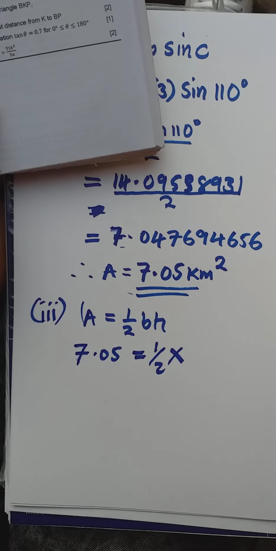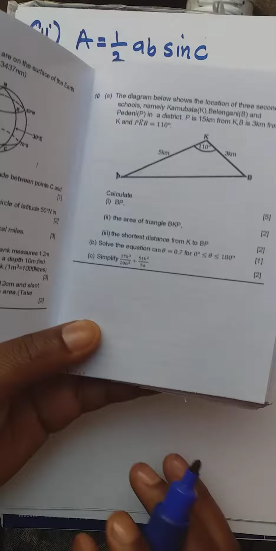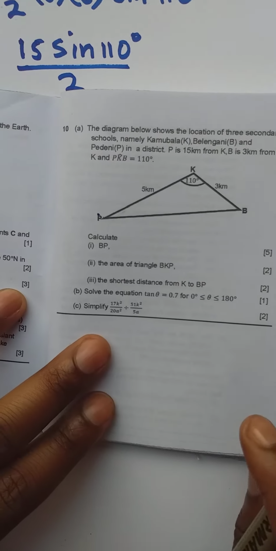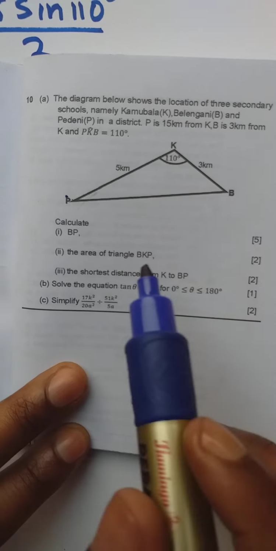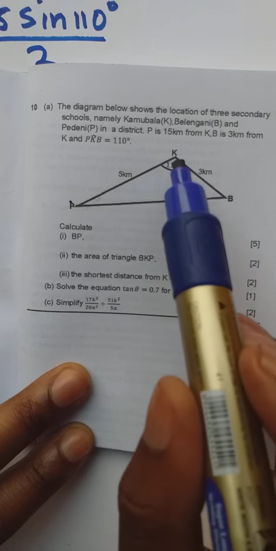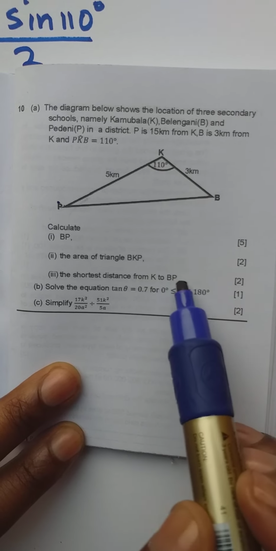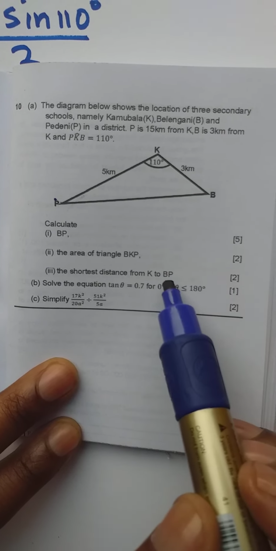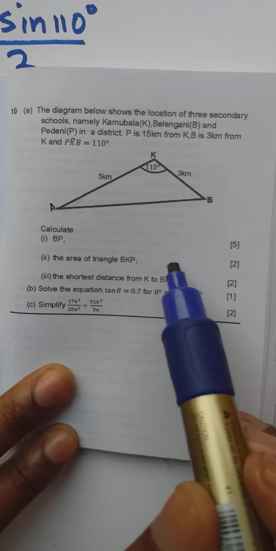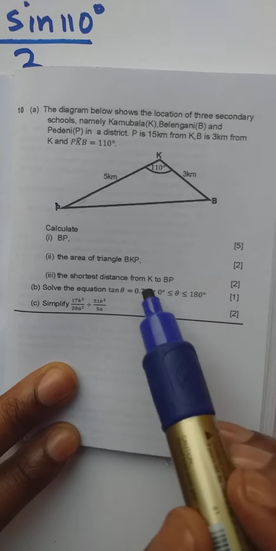So then what is the base? That's the tricky part when you're calculating the shortest distance. When you're talking about the base, you need to understand the question. The question is saying the shortest distance from K to BP. The part where they say from this point to this point, that's where the base should come from.